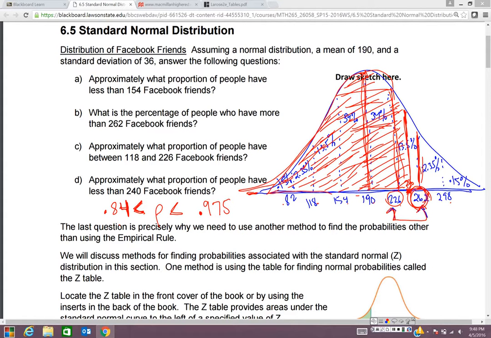So watch the next video and I'll show you how to come up with that precise proportion for people who have less than 240 Facebook friends.